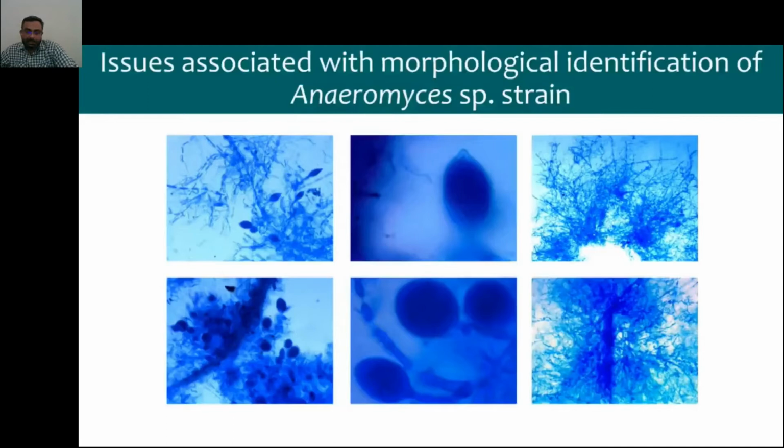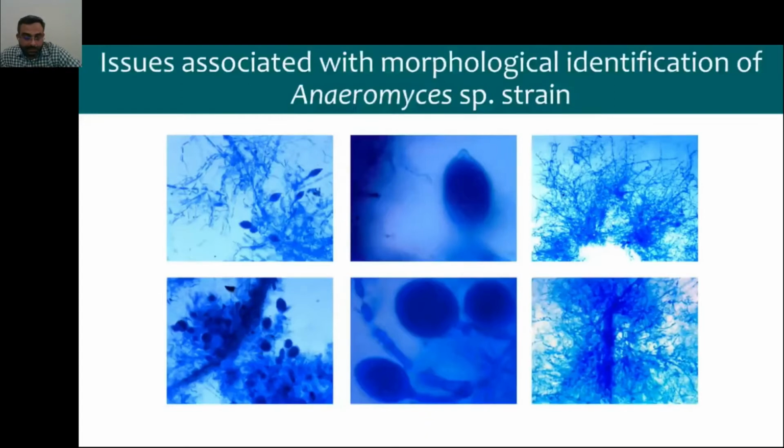If there are clear sporangia or zoospores, if the culture is producing them, then we can easily identify Anaeromyces, especially by their ability to produce constricted or beaded rhizomycelium, and also they produce this beak-shaped sporangium where you can see this pointed apex.